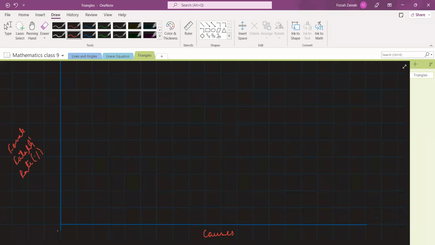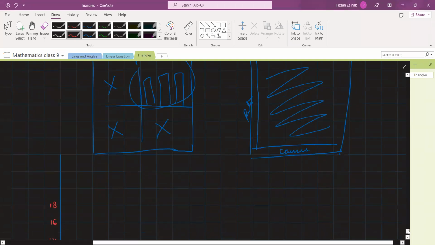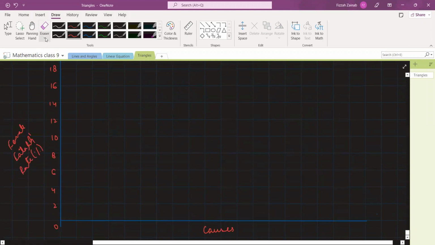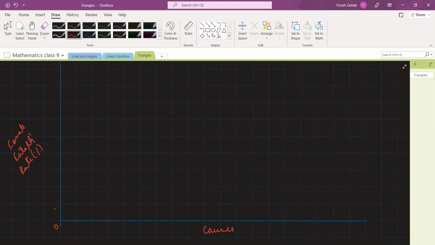If I take 0, 2, 4, 6, 8, 10, then 12, 14, 16, 18, and then I think I should reduce it further. Instead of taking 2, I can take 4, 8, 12, 16, 20, 24, 28, 32, and then 36, because my highest value in the question is 31.8. Is that clear?